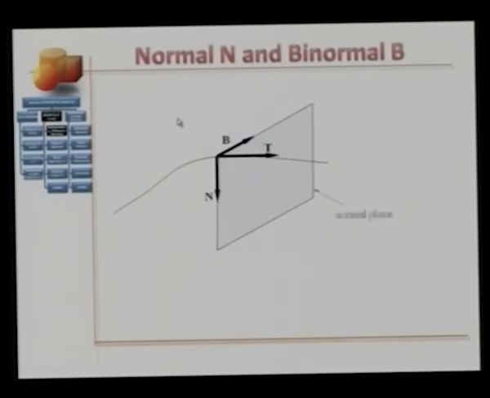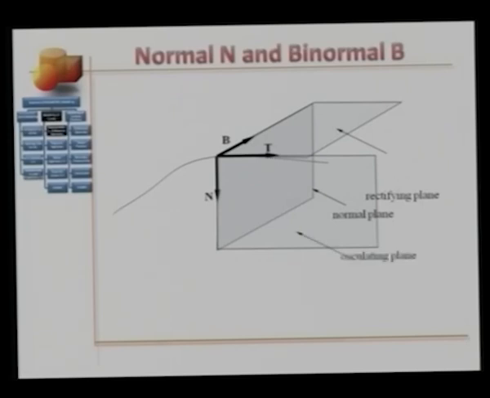The plane containing the two normals n and b is called the normal plane. The plane containing the unit tangent and the binormal is called the rectifying plane. And the plane spanned by n and t is called the osculating plane.